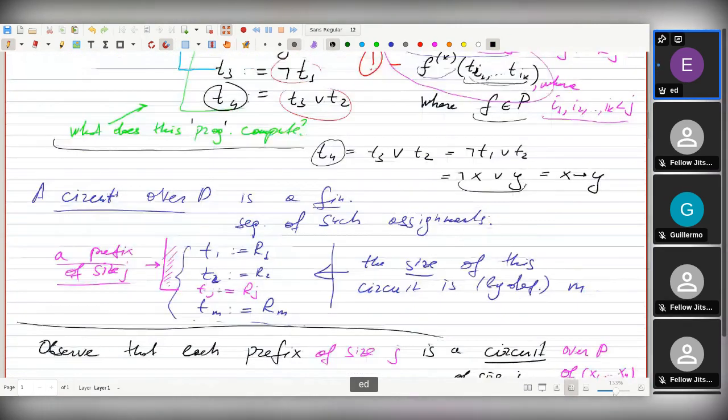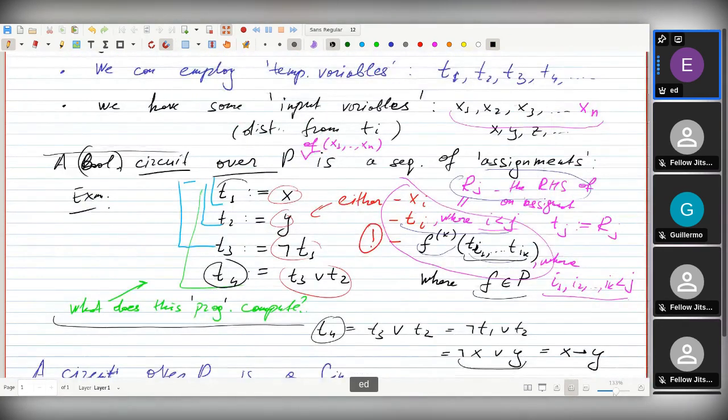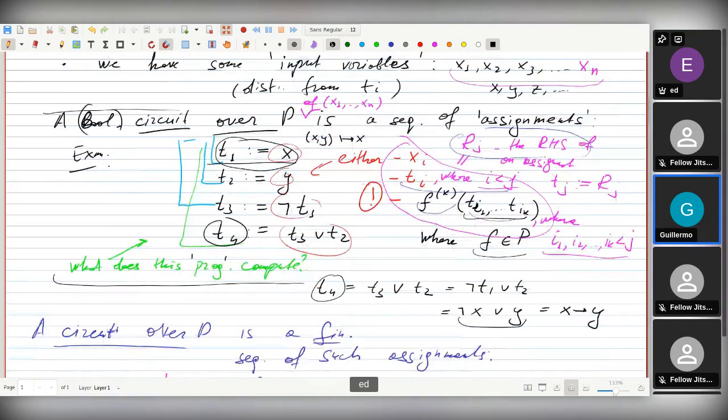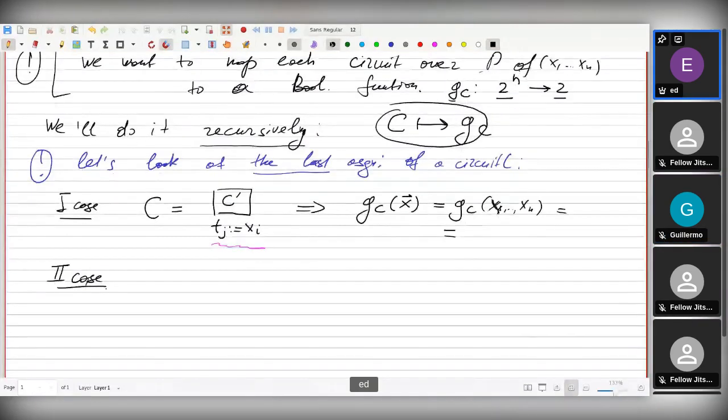Look at this example. So this prefix returns what? What is the respective function? We have inputs x, y, and what should we return? Just x. Isn't it clear? Okay, thank you.